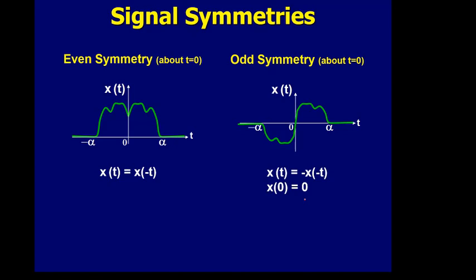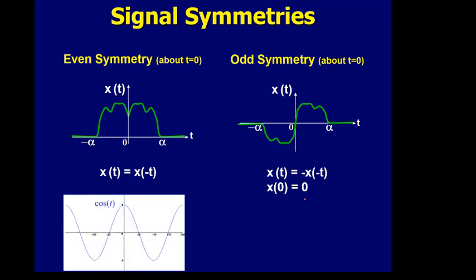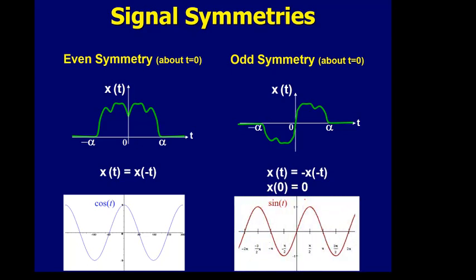Some other familiar examples of even and odd symmetric signals: cosine waves are a very familiar even symmetric signal, and sine waves are a very familiar odd symmetric signal. An interesting consequence of even and odd symmetry is that any function f of t, whether it has even or odd symmetry itself, can be recreated from an even symmetric signal and an odd symmetric signal that were derived from that original signal.